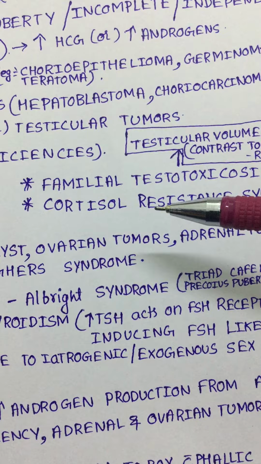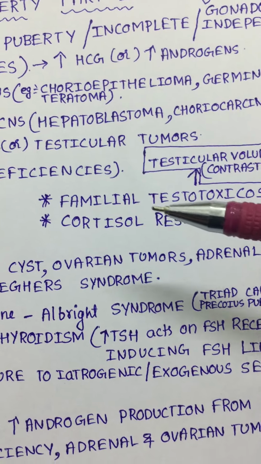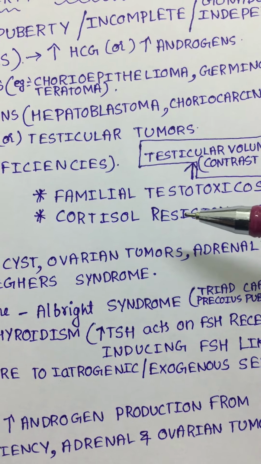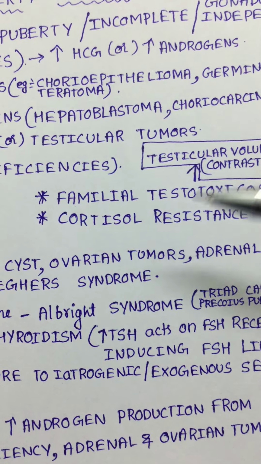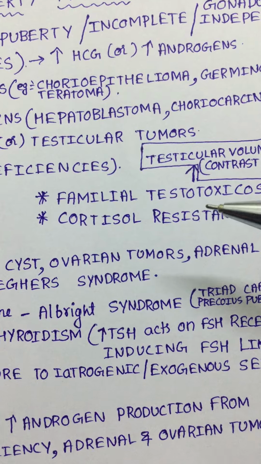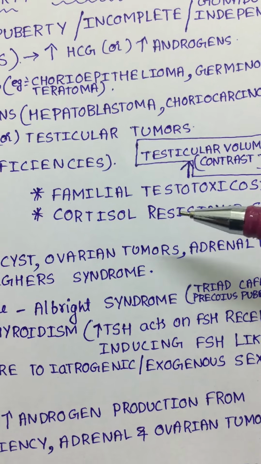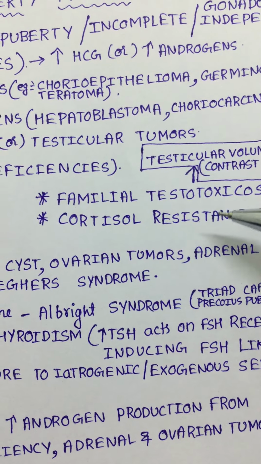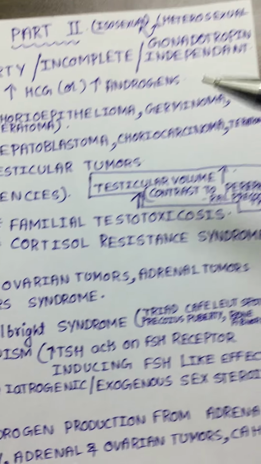Cortisol also has actions like gonadotropins, with a side effect action like androgens. So increased cortisol will also cause precocious puberty.